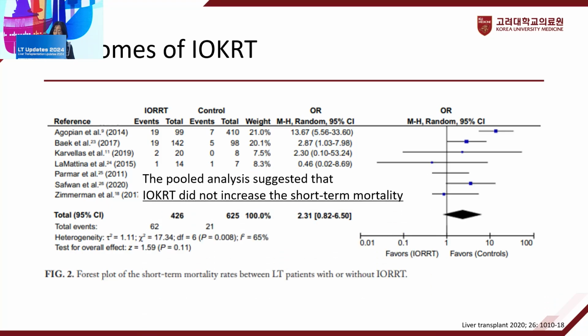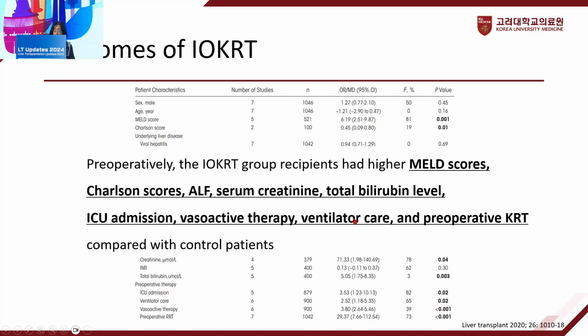Outcomes assessed were mortality, preoperative characteristics, intraoperative data, and predefined postoperative outcomes. The pooled analysis suggests that intraoperative KRT did not increase the short-term mortality. Preoperatively, the intraoperative KRT group recipients had higher MELD score, Charlson score, acute liver failure, serum creatinine, total bilirubin, ICU admission, vasoactive therapy, ventilator care, and preoperative KRT compared with control group patients.